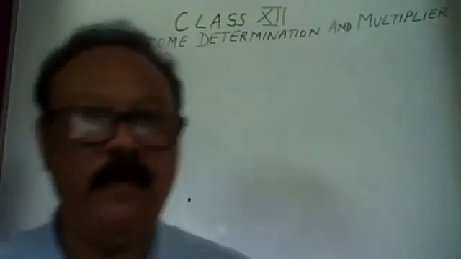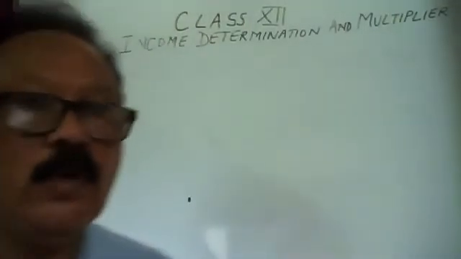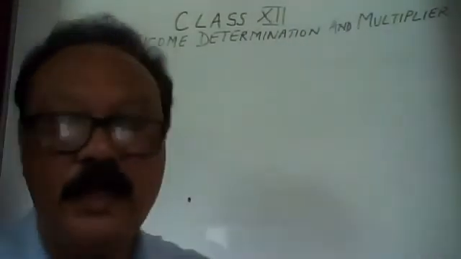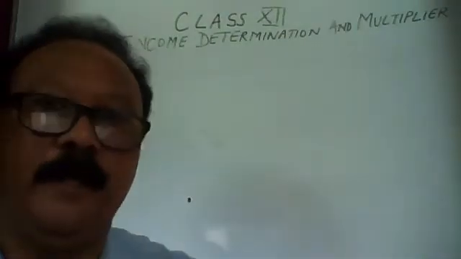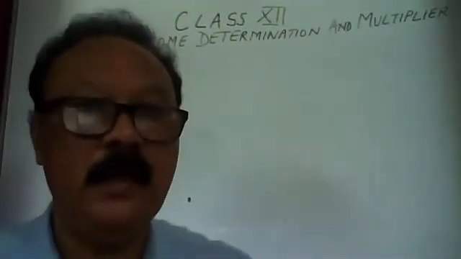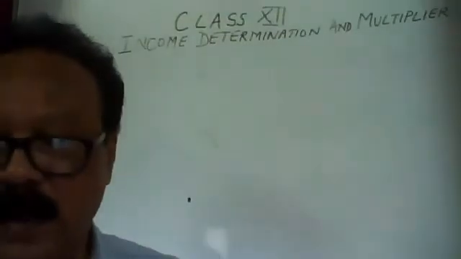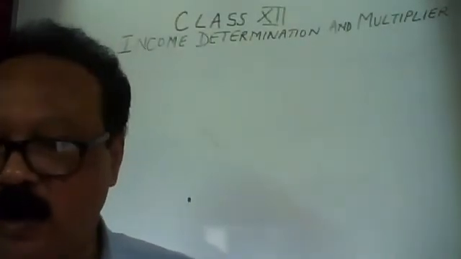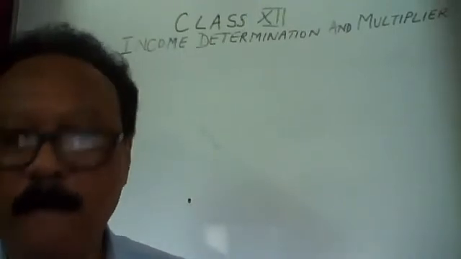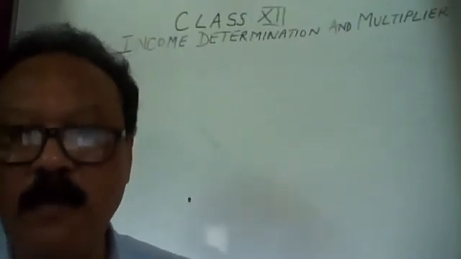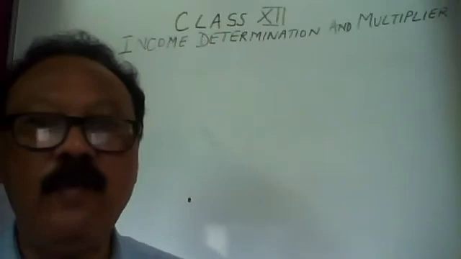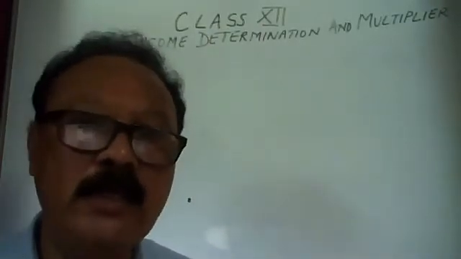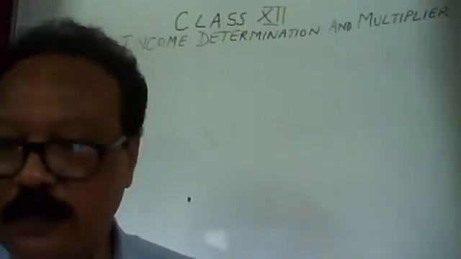And today we will begin a new topic, which is income determination and multiplier. Now, in the context of determination of equilibrium level of income or output and employment, there is no difference between income, employment, and output.